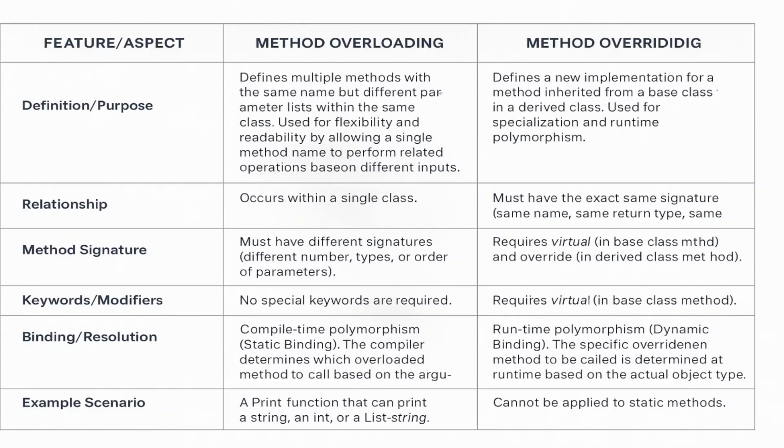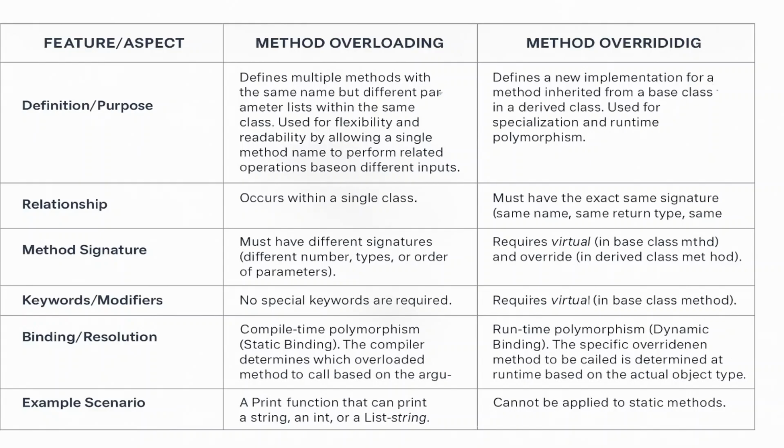Relationship: you do not need any relationship to do method overloading, but in overriding, inheritance has to be there. You need one base class and one derived class. Method signature: you need to have a different signature, and that means you can have different arguments, return type and all those things.